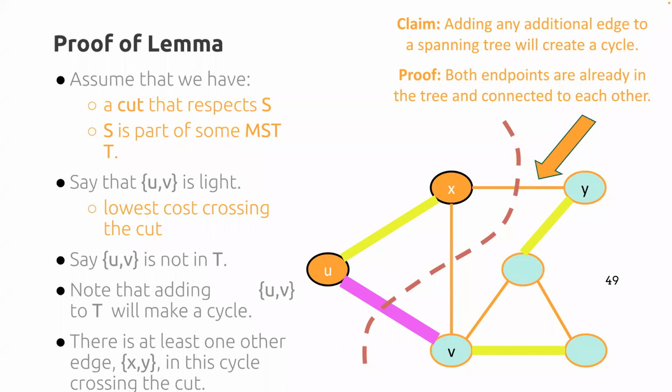So if you consider swapping this edge with this edge, the new tree that you create by swapping those edges can only be cheaper than the original tree you were thinking of. But the original tree you were thinking of was minimal. Therefore, the new tree you created is also minimal because it cannot get any cheaper than the best. Okay.